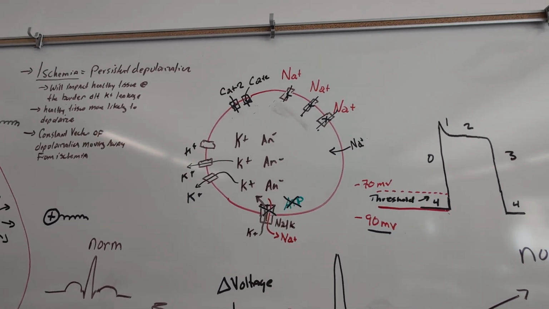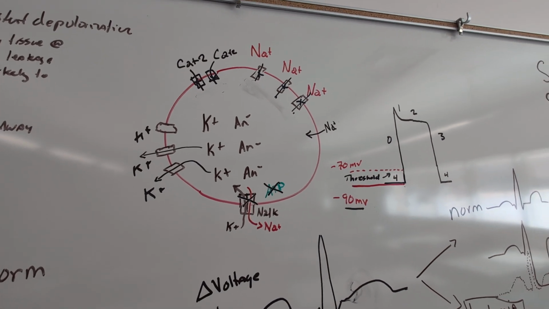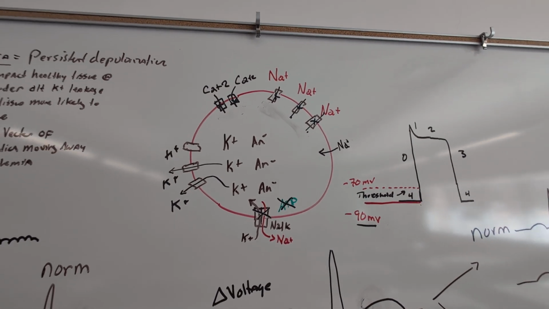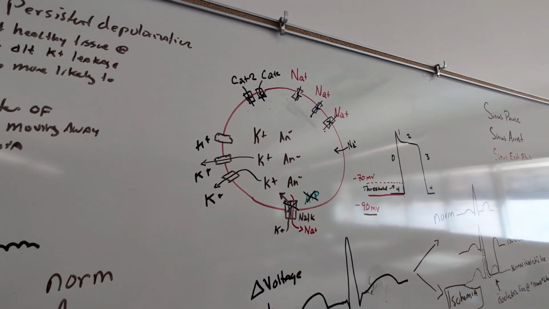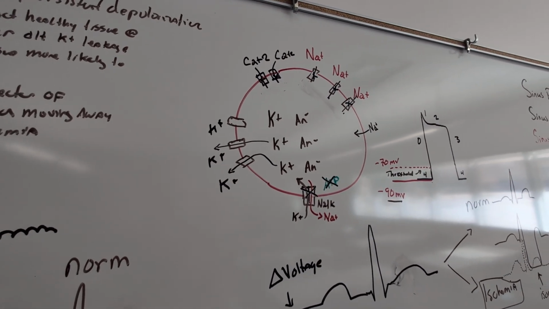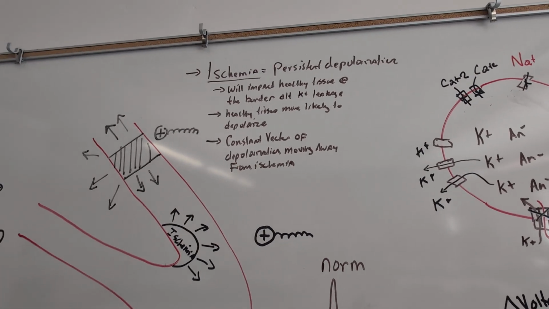And so essentially what happens is you have this tissue that is depolarizing and repolarizing abnormally, and you have a constant flow of ions out of the cells that then impact neighboring healthy tissues.